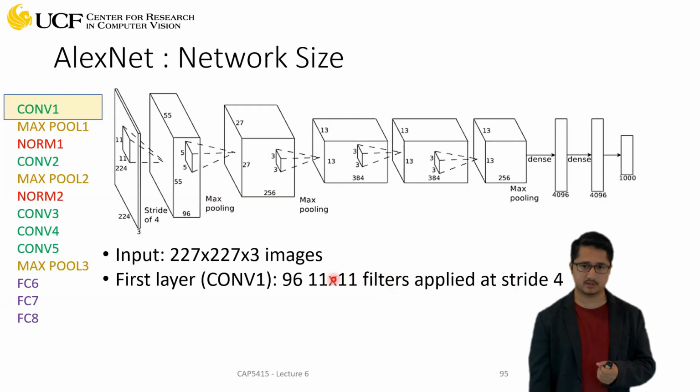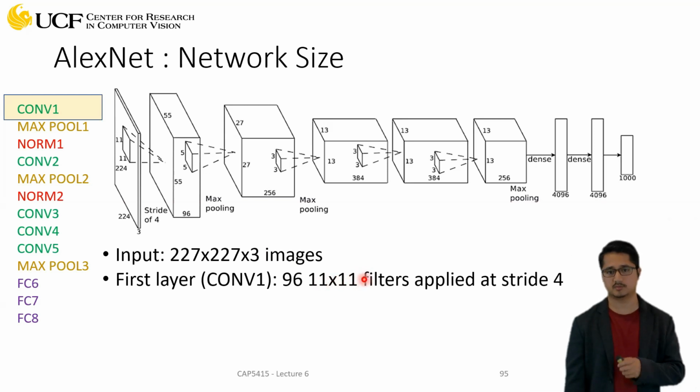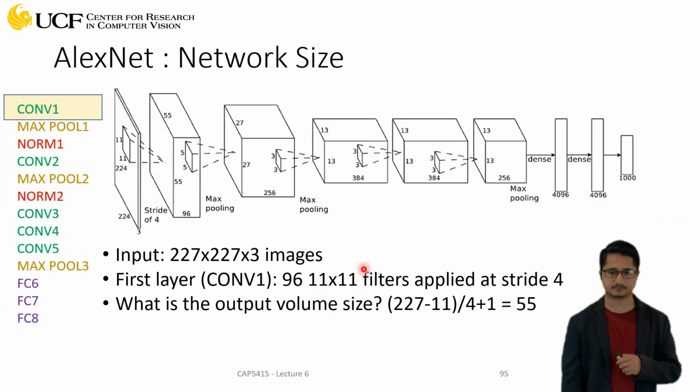The other point to note is it's just saying it's an 11 cross 11 filter, but as you know, your filters are 3-dimensional. So the third dimension here will be 3, which is not stated here, but in fact the filters will be 11 cross 11 cross 3. Okay, the third part is implicit.